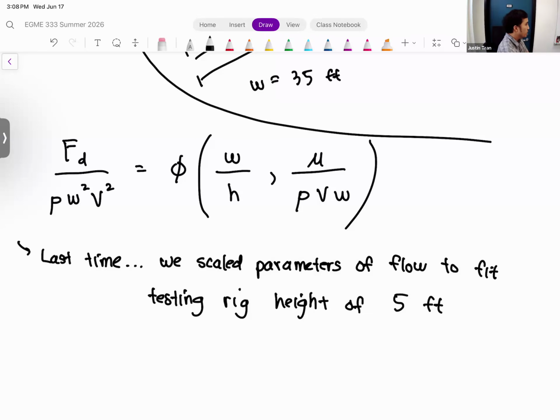You're going to come across this very commonly in practice. You have to scale down an experiment to fit whatever resources you have.